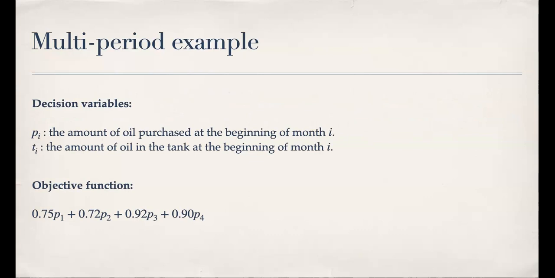It's straightforward, right? We call it Pi, okay? P1, P2, P3, P4. P1 stands for the amount of oil we purchase at the beginning of the first month, to P4, the amount of oil we purchase at the beginning of the fourth month, right?